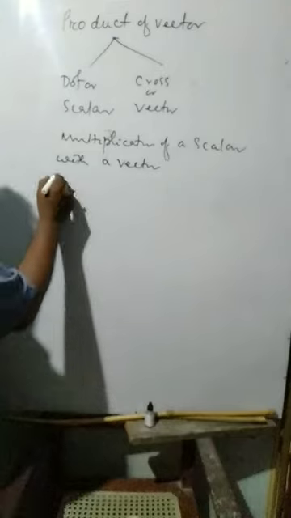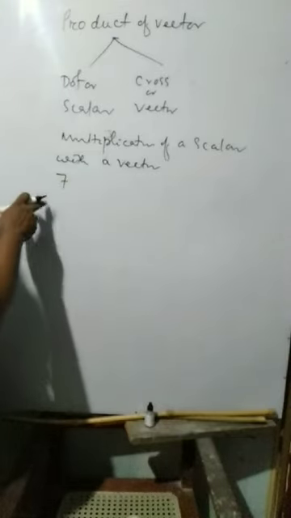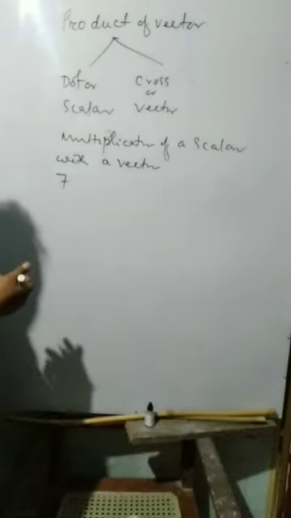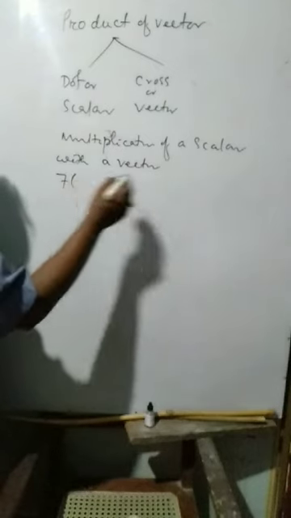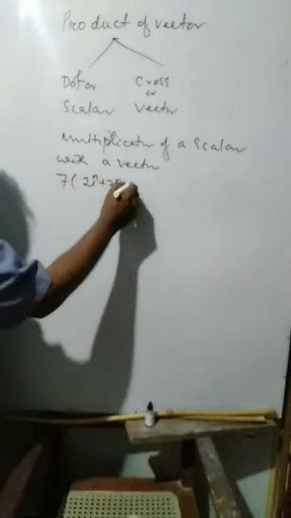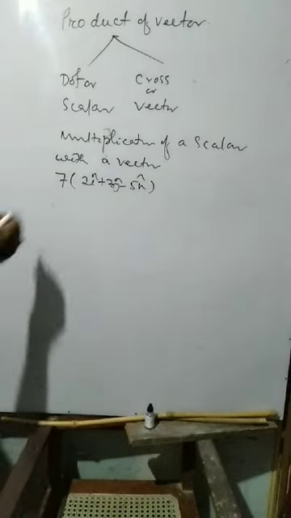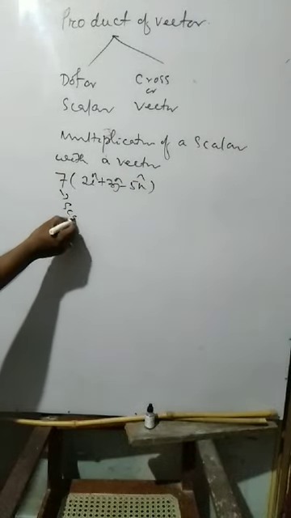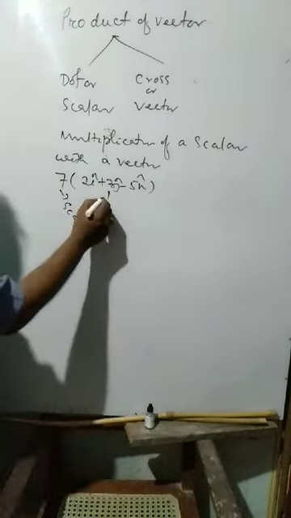You look at a scalar, suppose 7. 7 is one of the scalars. And the vector equal to 2 i cap plus 3 j cap minus 5 k cap, for example. Here this is the scalar quantity and this is the vector quantity.